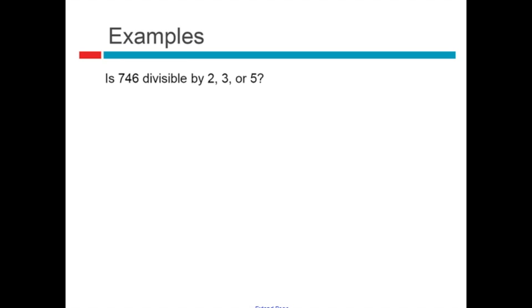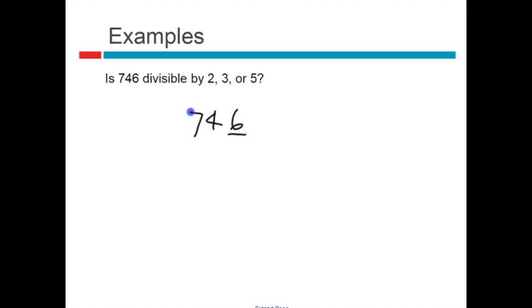So here's an example. The number 746, is it divisible by 2, 3, or 5? So if I work with the number 746, is it divisible by 2? Well, I look at the last digit, 6.